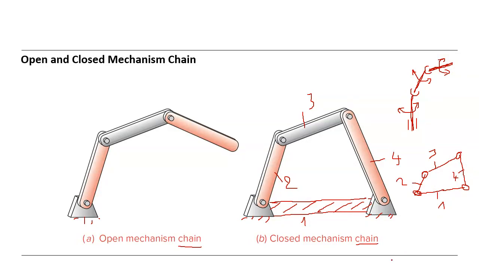If we don't fix any of them, this is a chain. If we fix one of them, this is a mechanism. In this case, if we fix the first one, we achieve a mechanism. We can fix member 2 or member 3 or member 4. You will see later. So we will achieve different types of mechanism. I will be back in a second.